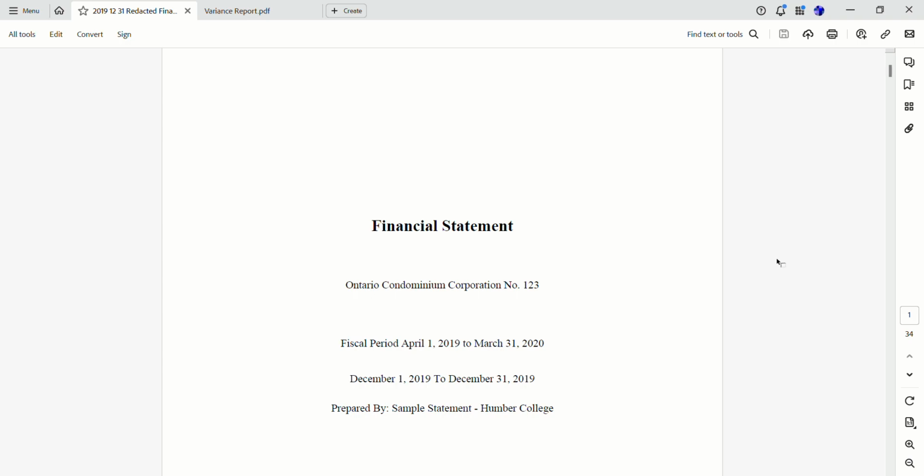At the beginning of this board meeting, I will present the financial statement of December 1st, 2019 to December 31st, 2019. This is the 9 months financial statement of our current fiscal year, which starts from April 1st to March 31st, 2020.